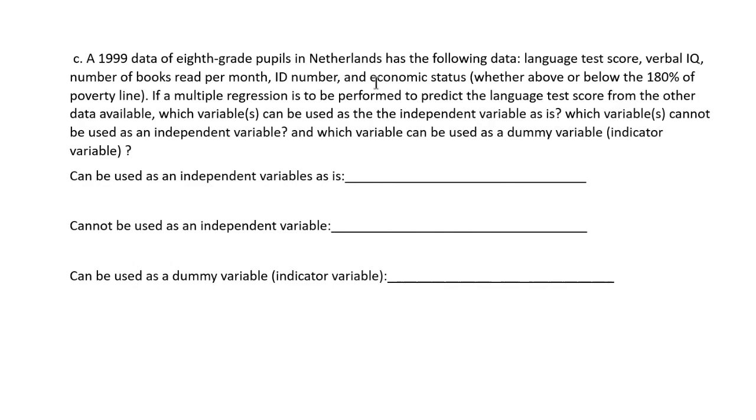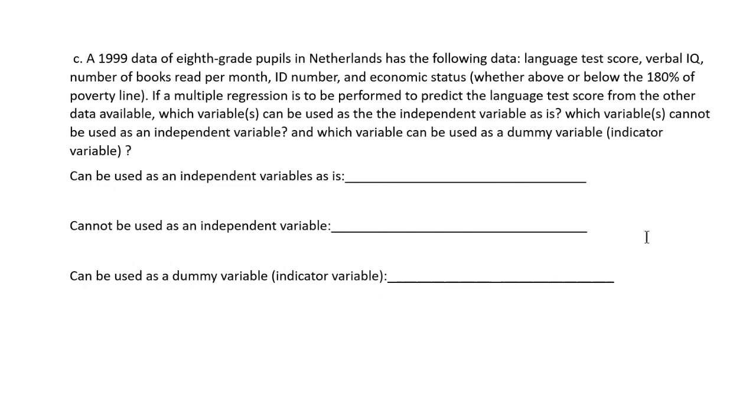Part C. 1999 data of 8th grade pupils in the Netherlands has the following data: language test score, verbal IQ, number of books read per month, ID number, and economic status. If multiple regression is to be performed to predict the language test score from the other data available, which variables can be used as an independent variable, which cannot be used as an independent variable, and which can be used as a dummy variable.